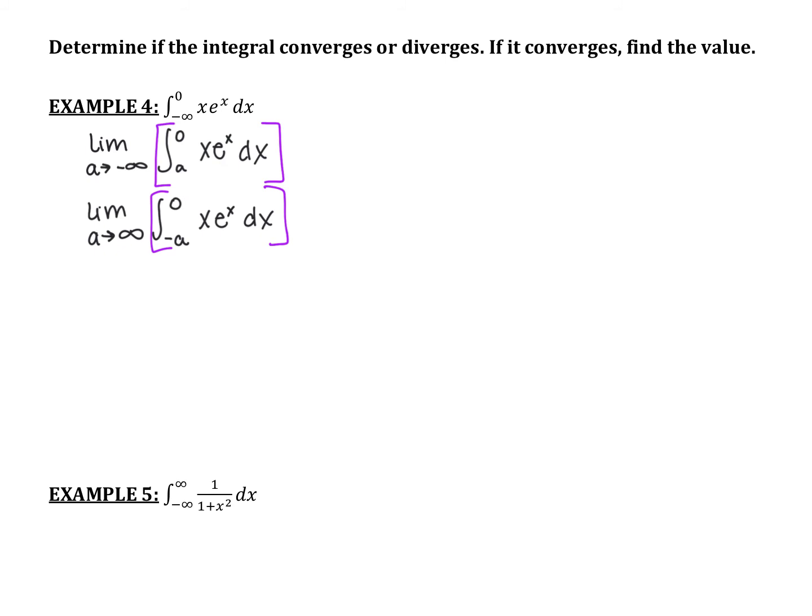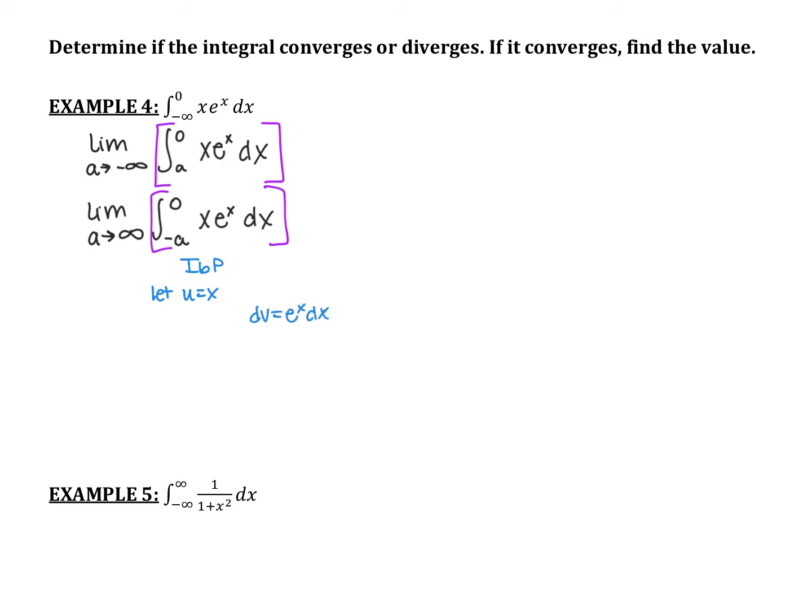Now, we need to figure out how to integrate this. Does it look familiar? Hopefully you think integration by parts. So this does happen to be an integration by parts problem. So I'm going to let u equal x and dv equal e to the x dx.